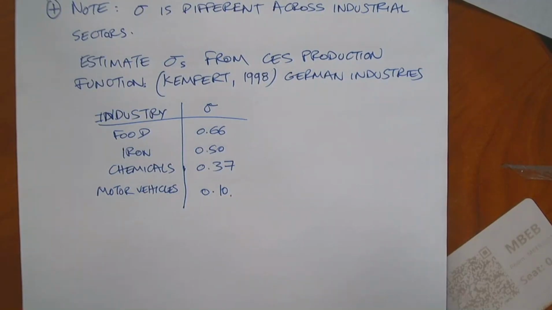Is that more like making bread versus smelting iron versus making chemicals versus the specialized machinery required to make motor vehicles? That's essentially what we talked about. It might be the actual capital that is being used, and what it takes to change labor for the operation of that type of capital, for example.